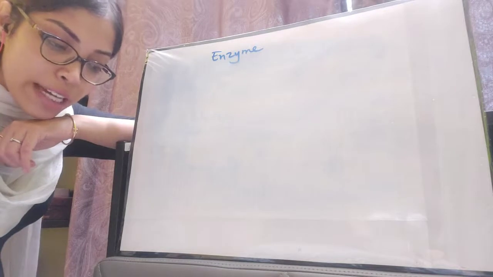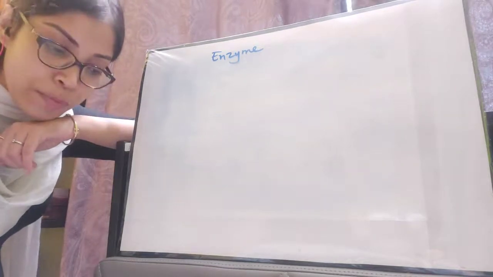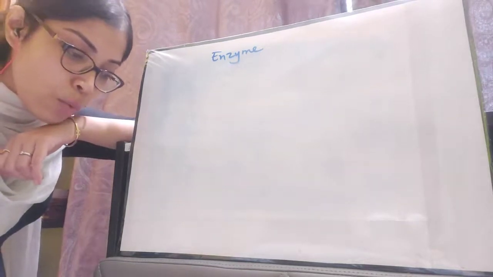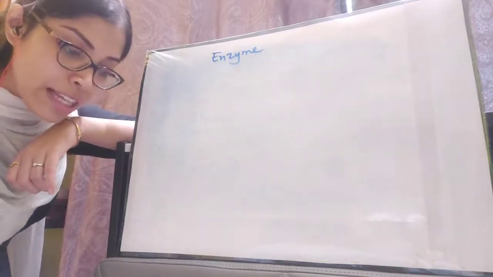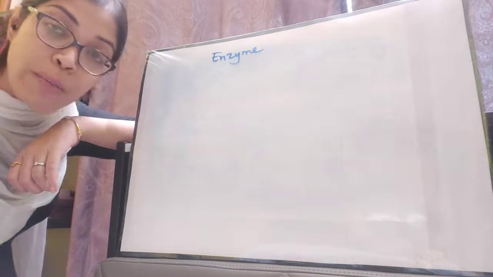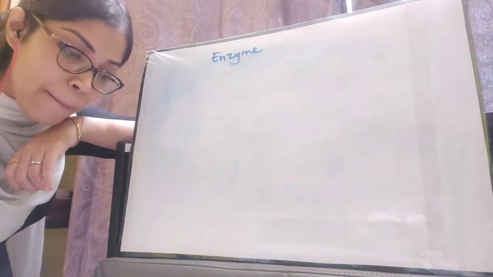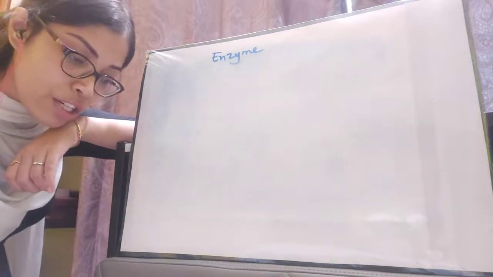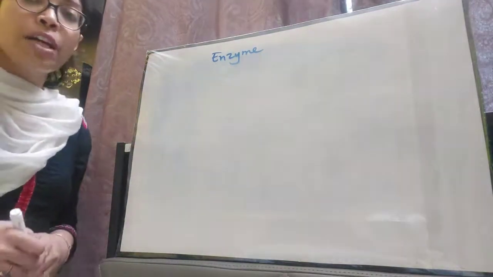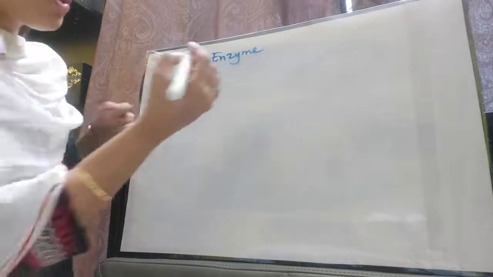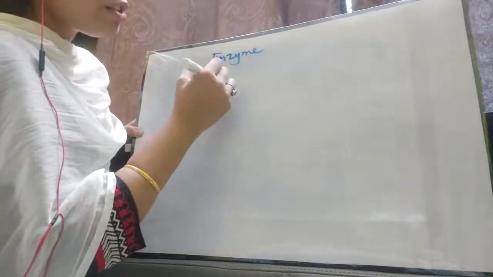So an organic catalyst, usually protein in nature, produced within the living cell that accelerates a specific biochemical reaction by lowering the activation energy required for that reaction is known as enzyme. Here we come across another term, which is activation energy.